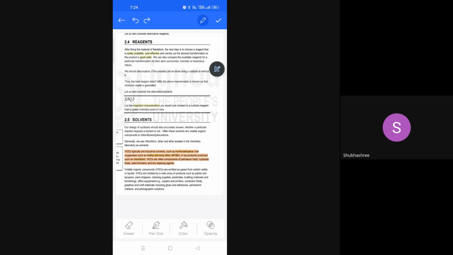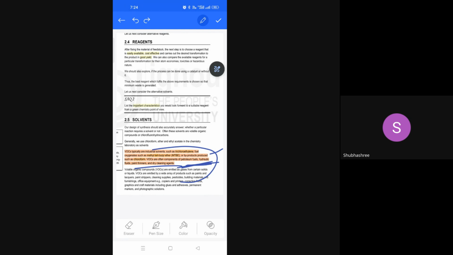Then solvent. Which type of solvent should you use? Volatile organic compounds (VOC) are typically industrial solvents such as trichloroethylene, fuel oxygenates such as methyl tertiary butyl ether, and byproducts produced such as chloroform.